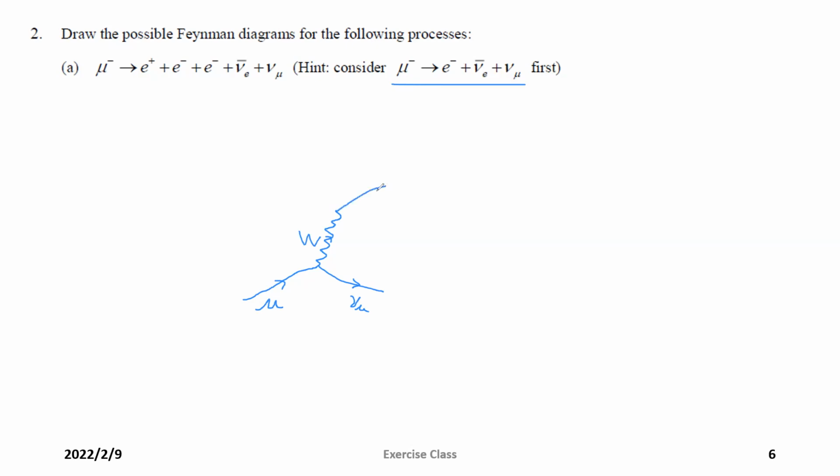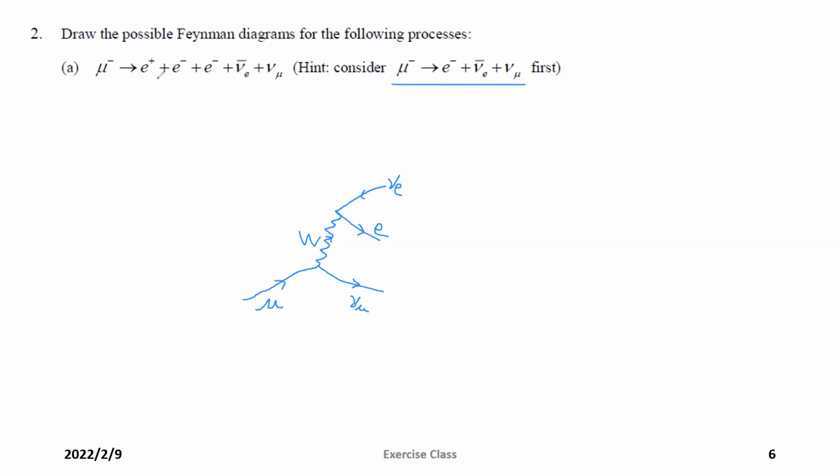And then in this vertex, we can draw the electron. So this is the diagram of muon decay.